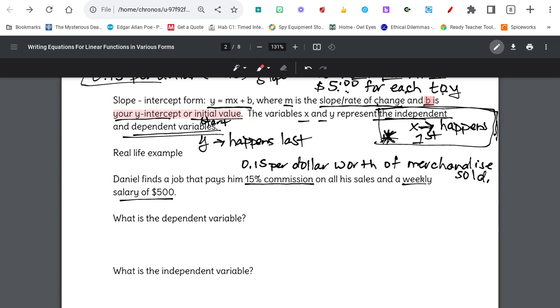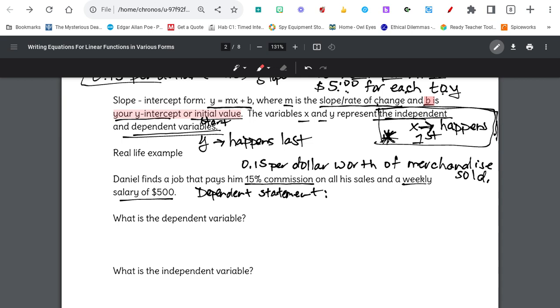All right, so the first question here asks, what's the dependent variable? All right, so I'm going to write what we call a dependent statement. So a dependent statement is going to deal with how much money Daniel's going to make. Daniel's money, or Daniel's check, the amount he makes per week, basically depends on how much merchandise he sells.